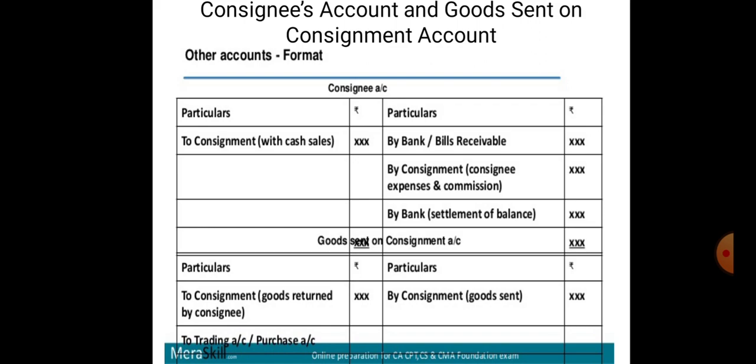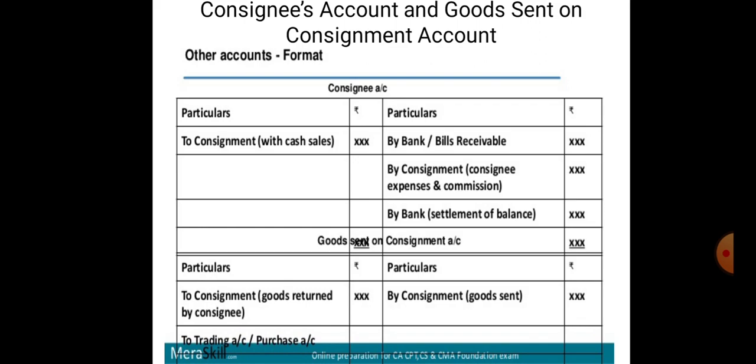Now coming to the goods sent on consignment account, the format shows that goods returned by the consignee will come to the debit side of the goods sent on consignment account, and on the credit side, goods sent by the consignor to the consignee will come to the credit side of the goods sent on consignment account.